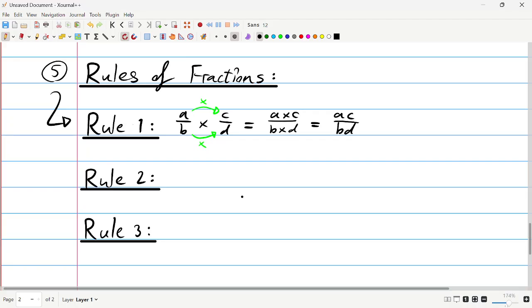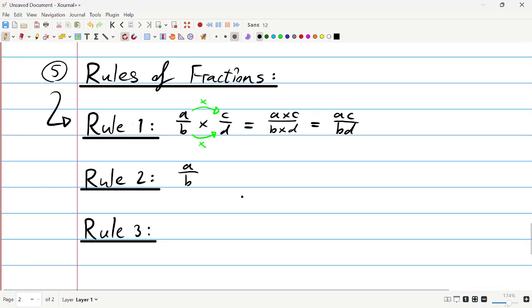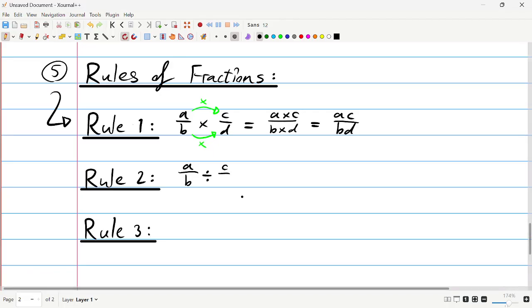Now, what if the case is when we have A over B divided by C over D? Then what are we going to do? In this case, this is what we call tip and times. We don't like division. So therefore, we are going to rewrite it as a multiplication because we want to go back to rule 1. We love rule 1 because it's so straightforward.